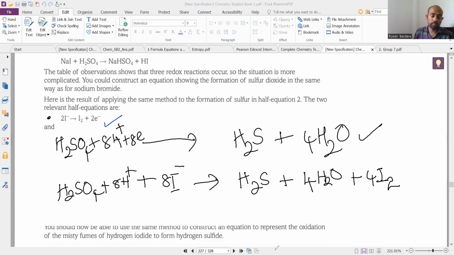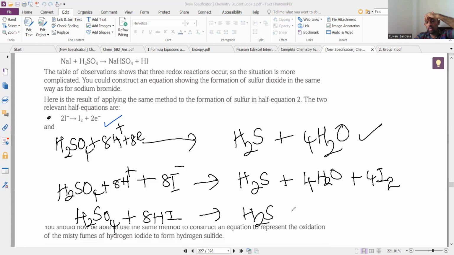Great. Then the final equation, you can write H2SO4 plus 8HI gives you H2S plus 4H2O plus 4I2. Now let's write this one.